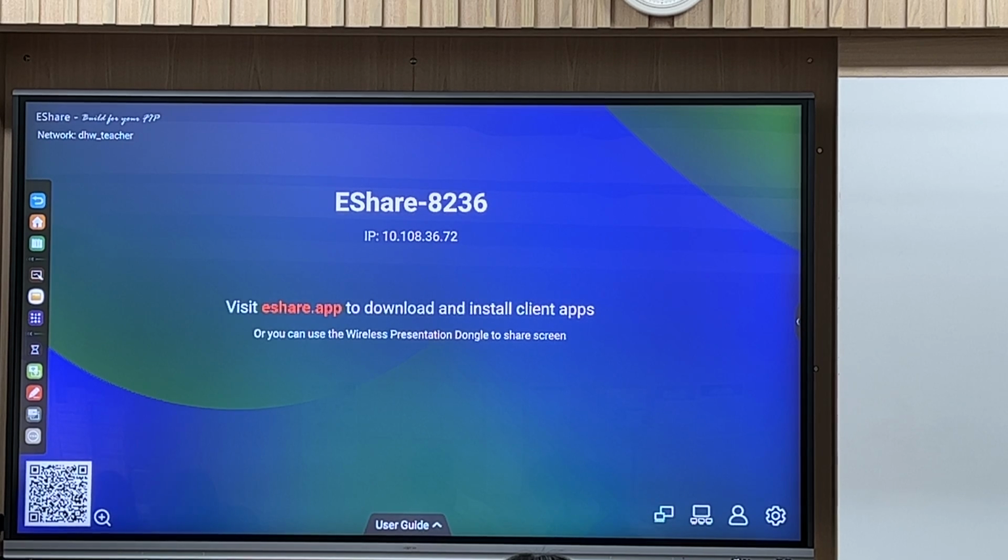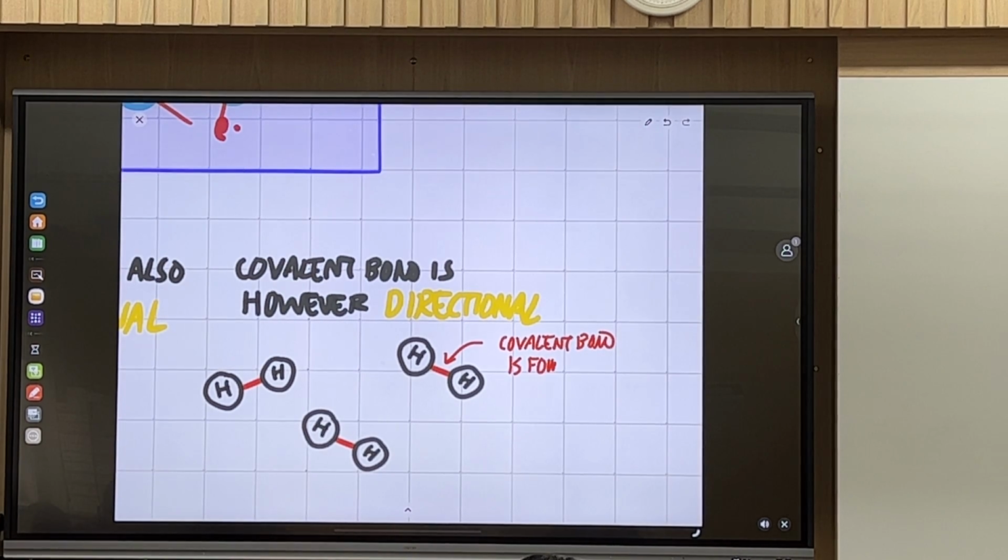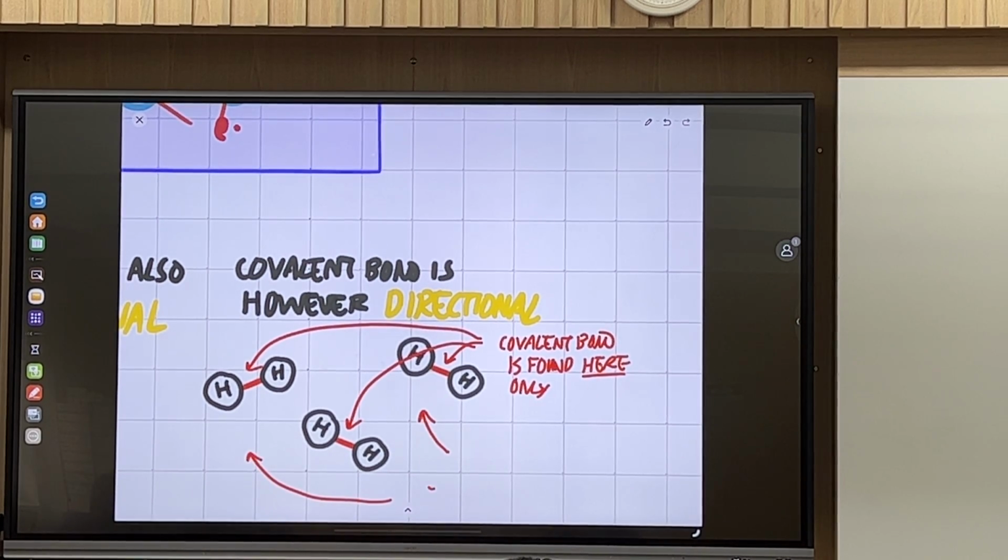Okay, so put some annotation here. Covalent bond is found here, only. And here, and here. But it is not found here, here, and here.